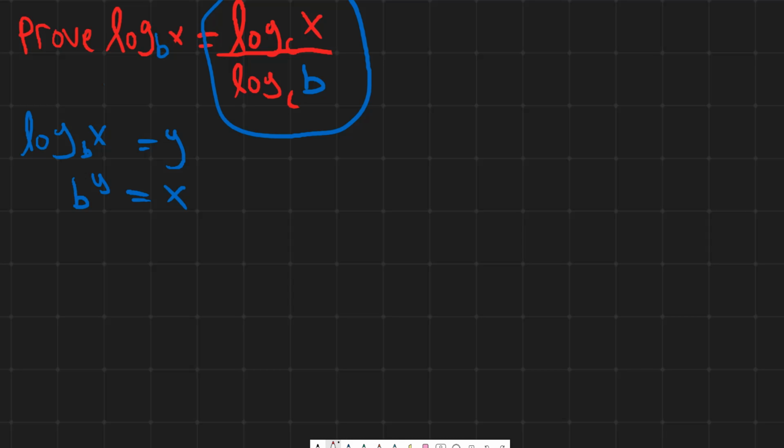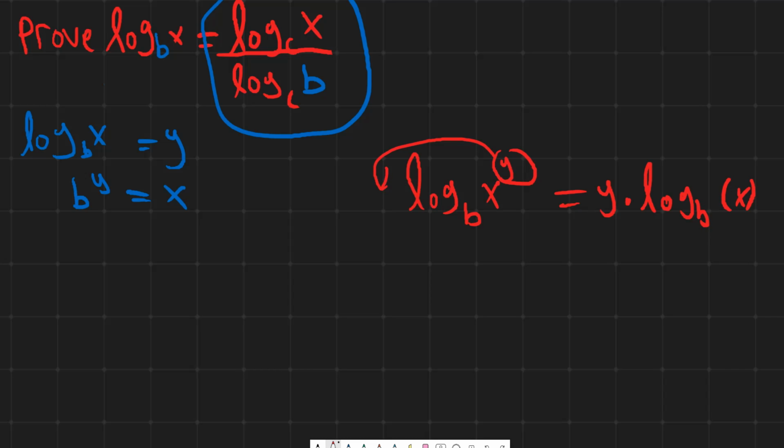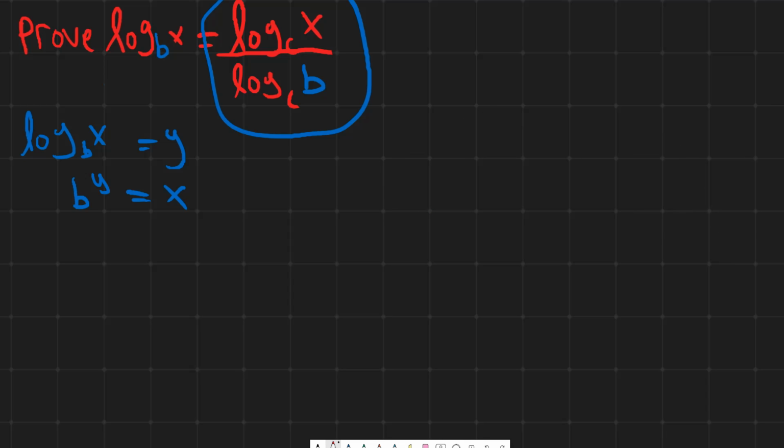When you see b to the y, the intuition should be, if I take a log of this, we remember our log rule that states log base b of x to the y is equal to y multiplied by log base b of x. Simply saying we're allowed to pull this down. So if we take the log of both sides, we're going to be able to do that.